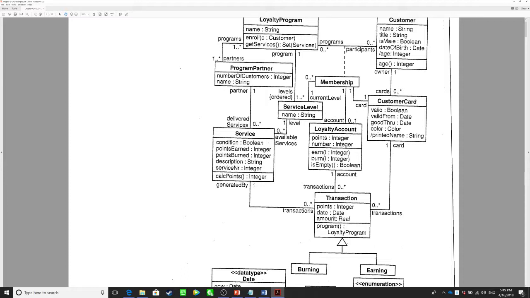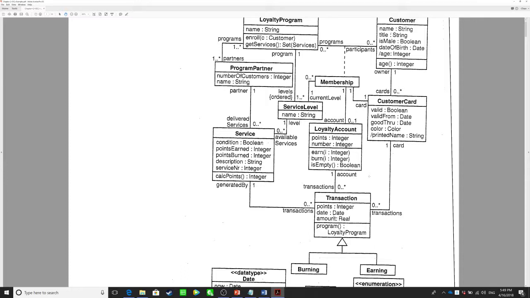Okay. So about all the information I mentioned, there are actually a lot of things which appear here, like the relation between each of them. One customer can have a lot of cards, but a card can only belong to one customer. That's something clearly specified here, but too much information is missing here. Like what I mentioned, how do you control the service level?